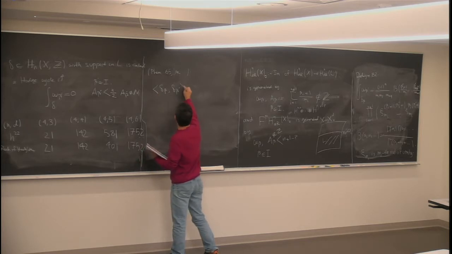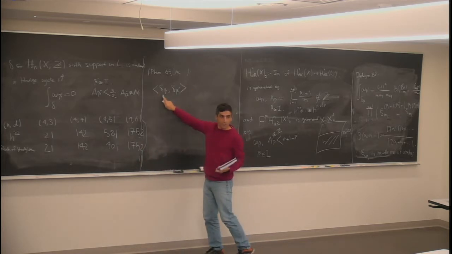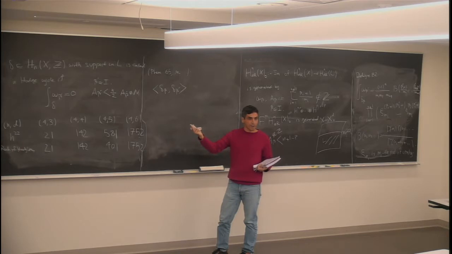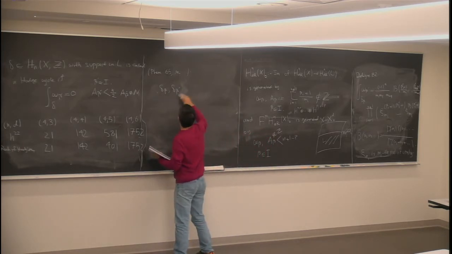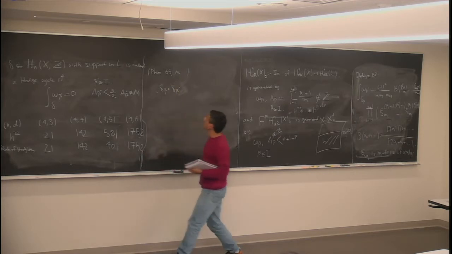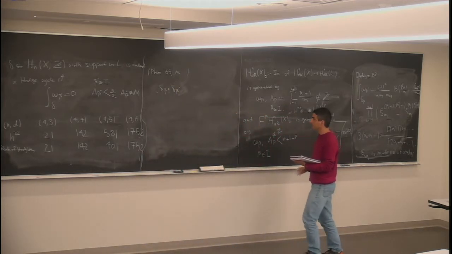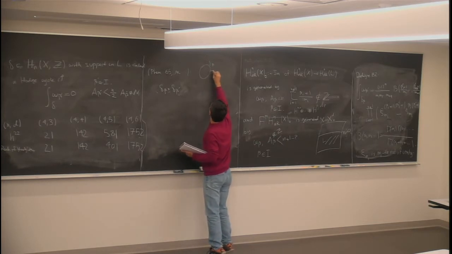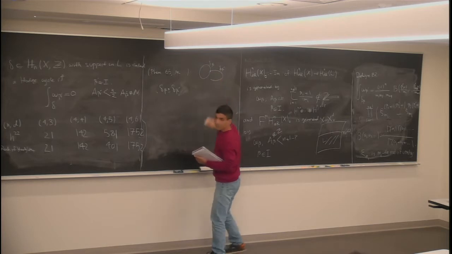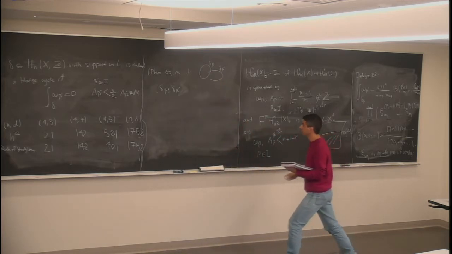These are n-dimensional cycles in a 2n-dimensional variety, so their intersections are integers. For two cycles, delta beta and delta beta line, you want to compute exactly the intersection.